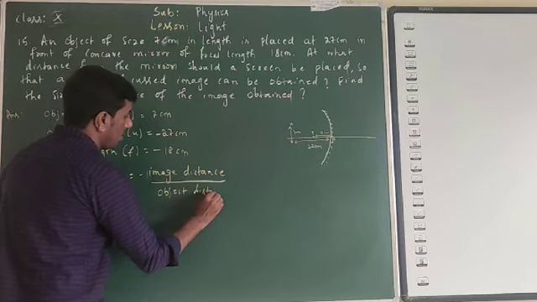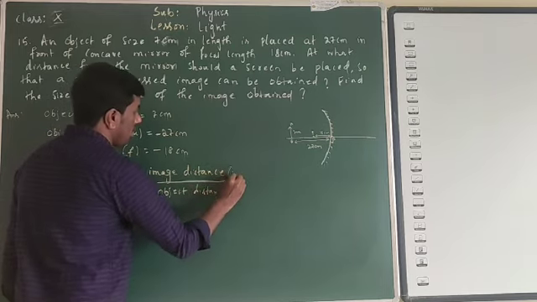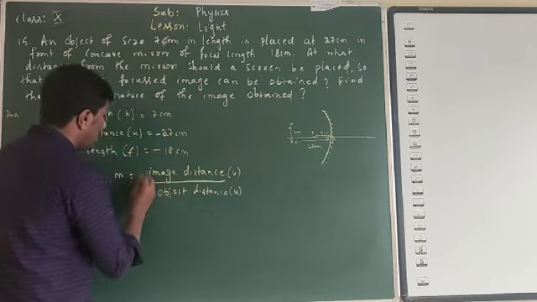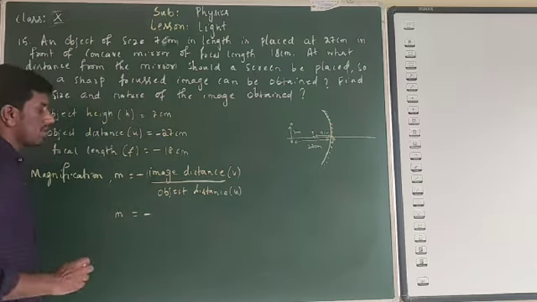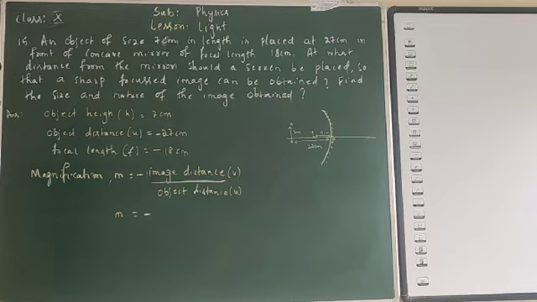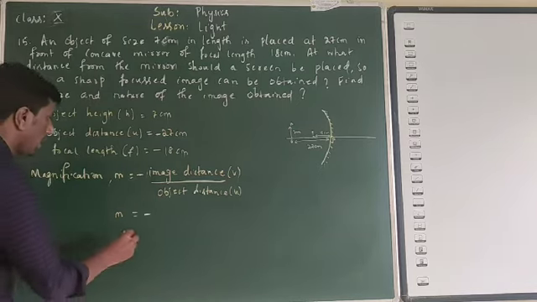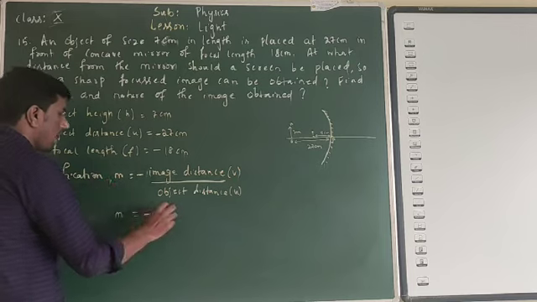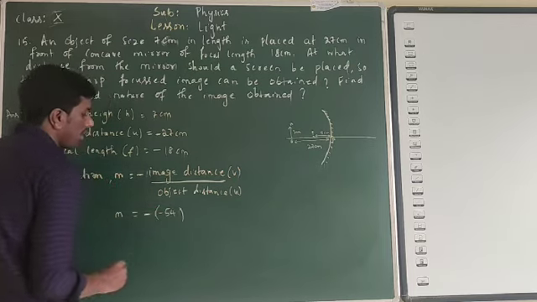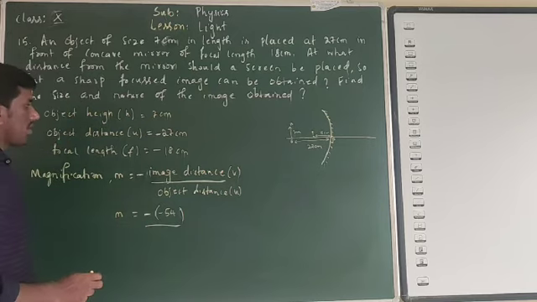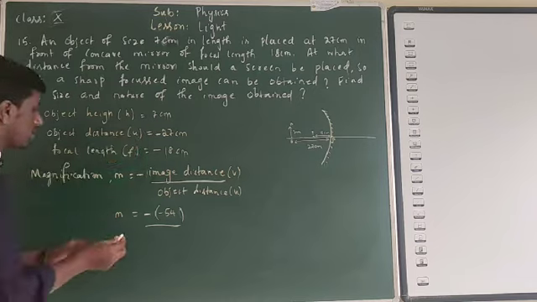Image distance divided by object distance, m is equal to minus v divided by u. What is the image distance we got? Minus 54, right? We have the minus in the formula itself. So image distance is minus 54 centimeter. So object distance is minus 27.